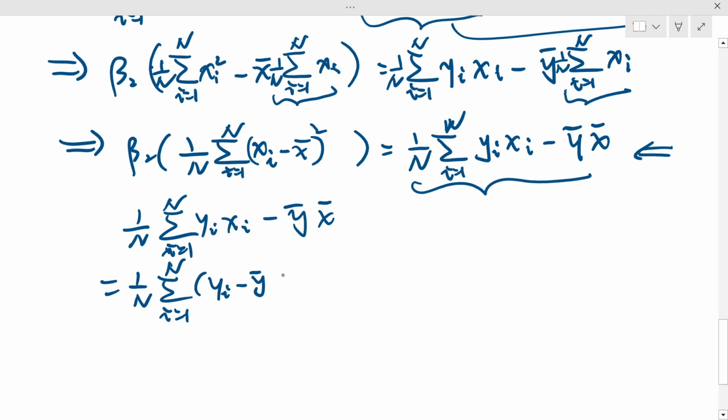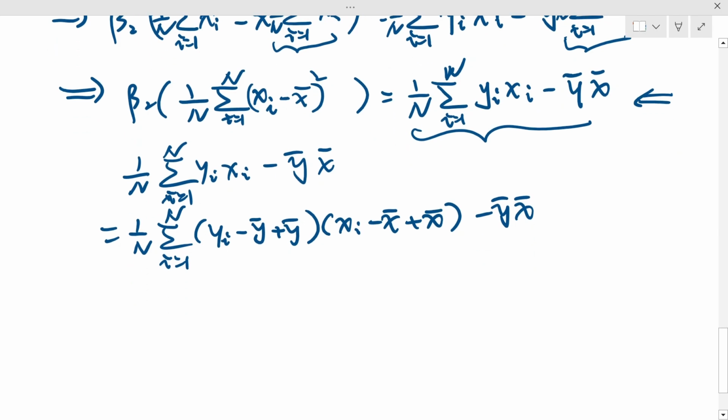Minus y bar, then plus y bar, doesn't change. Similarly, xi minus x bar plus x bar. Then we're going to modify this inside. So we're going to sync these terms.